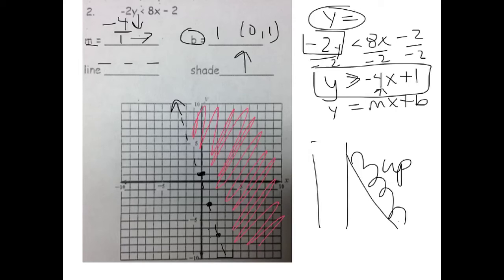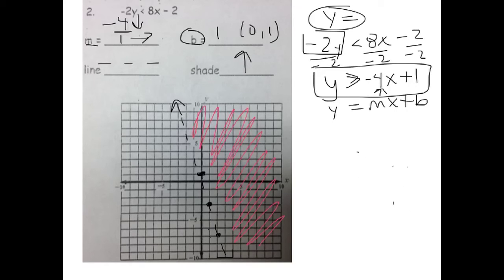Okay? Alright, so I said a second ago on the previous slide that I would show you one that's not an example of it. So if I pick a point over here, let's say I pick -1, +1, and I plug those things into here. This is an x, this is a y. So the y is 1 is greater than -4 times -1, plus 1.